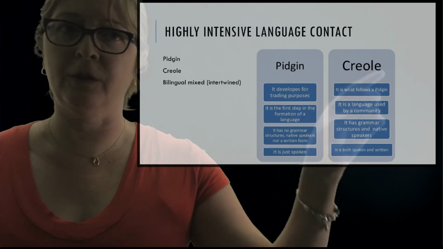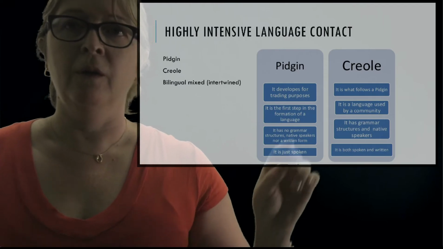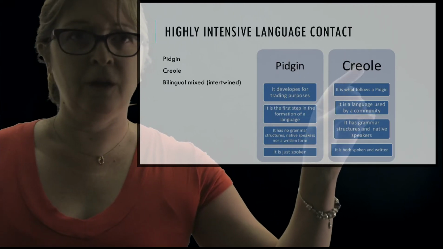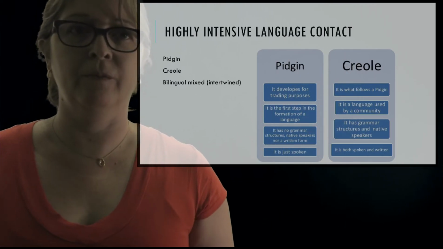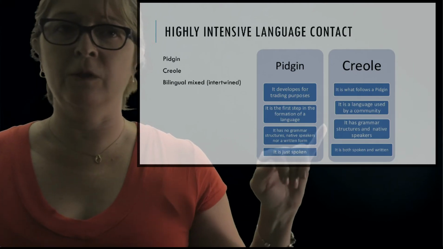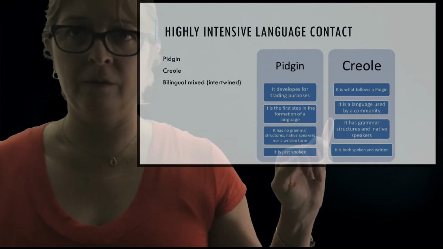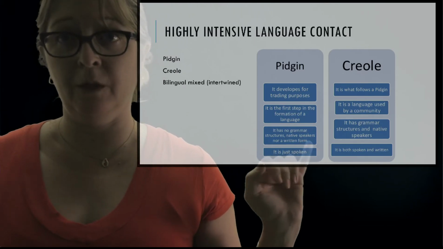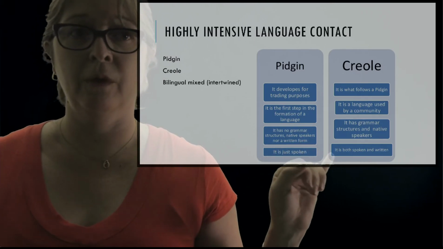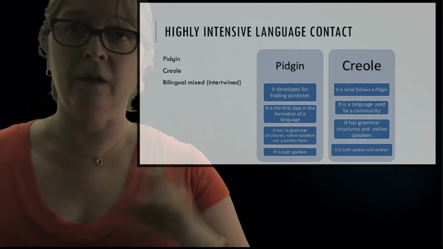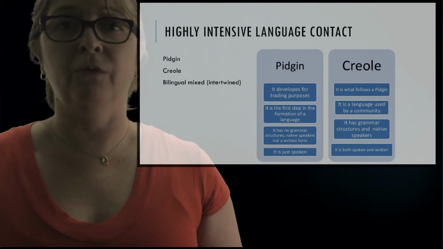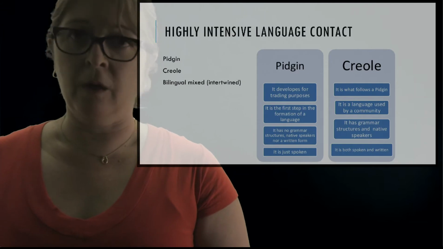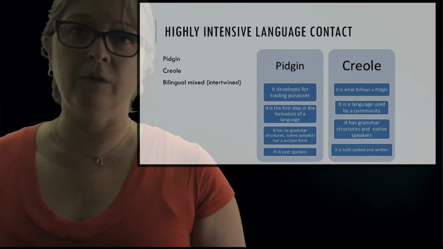So from Pidgin, then we go to Creole, which follows Pidgin, right? It is a language used by a community. It has a grammar structure and native speakers, which is very important. And it takes on a written form.